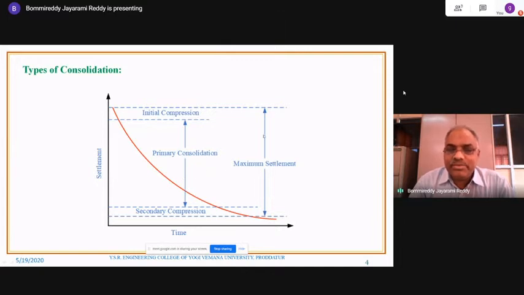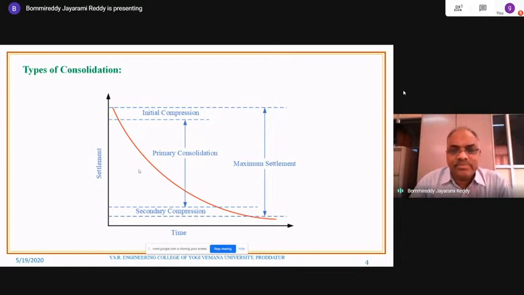But maximum settlement is always constant. It does not depend on the magnitude of the loading or the rate of loading. The time lag for secondary settlement can be reduced by applying several other methods that we can look at a little later.